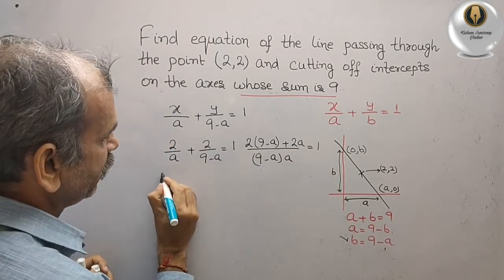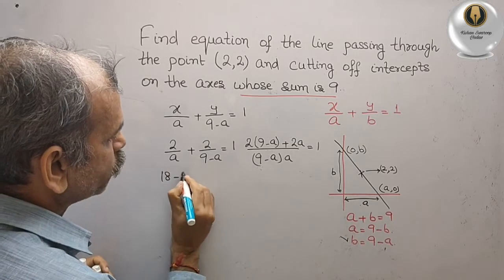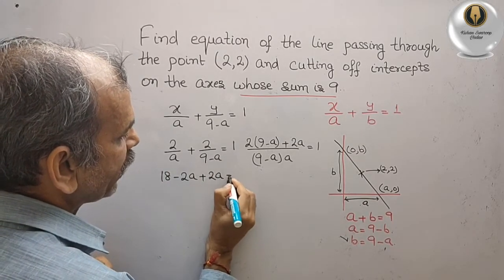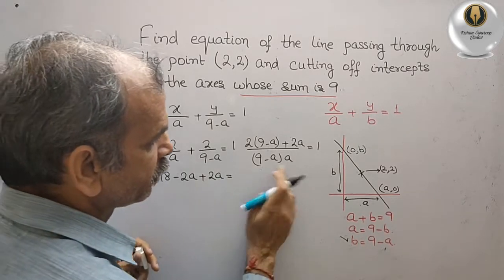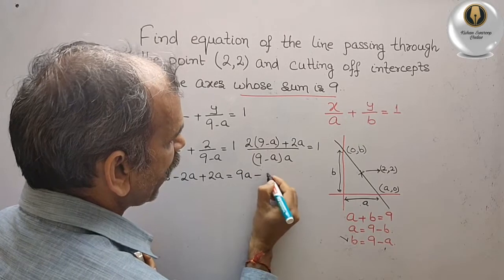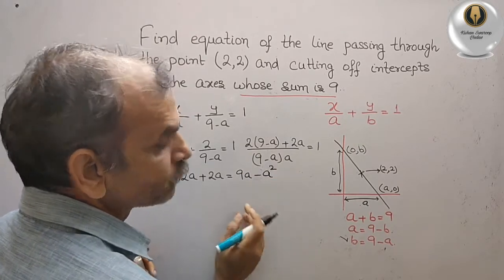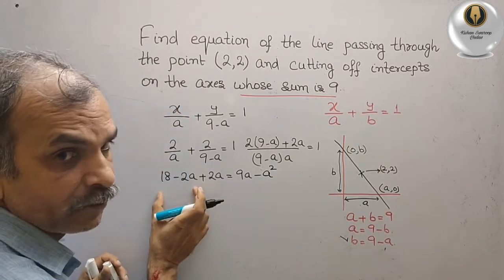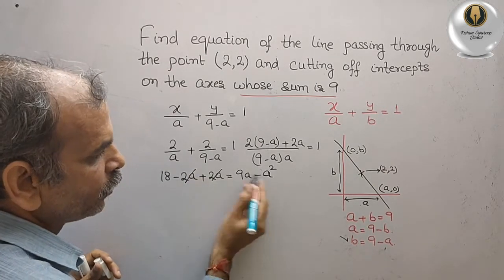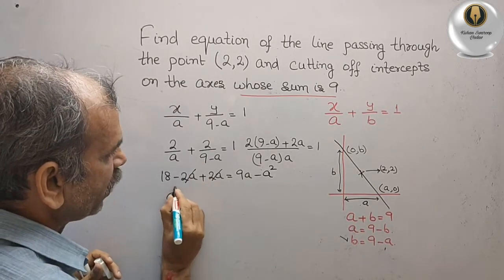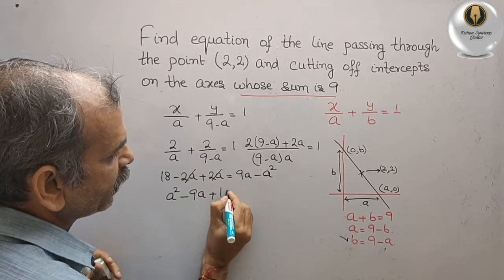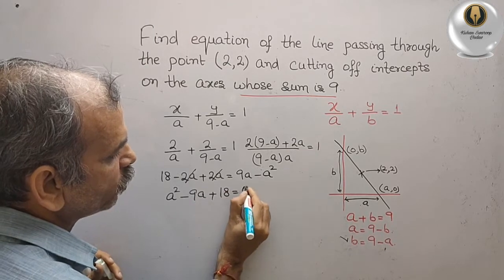You will get 18 minus 2A plus 2A equal to 9A minus A squared. Bring these two to the left side, and this is cancelling, cut it. So it will come as A squared minus 9A plus 18 equal to 0.